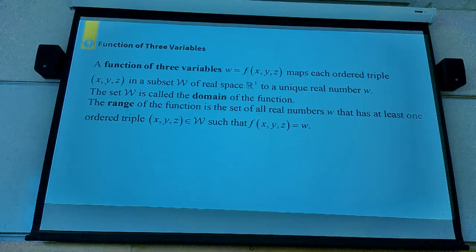The graph of a three-variate function would be how many dimensions? Is it 3? It's 4. Good luck.